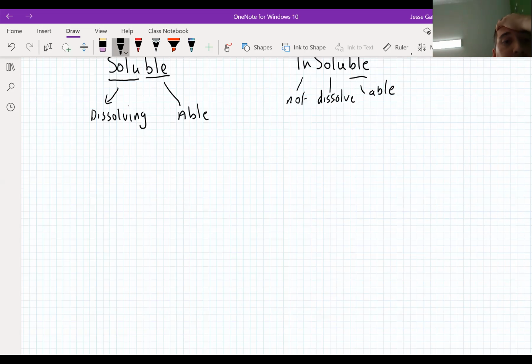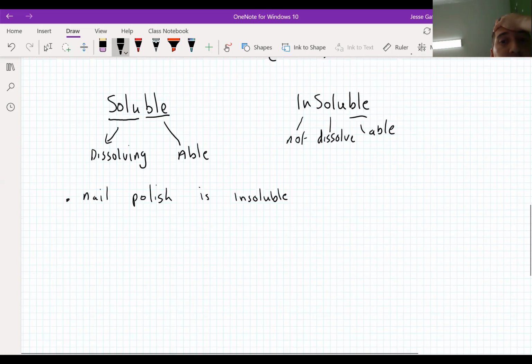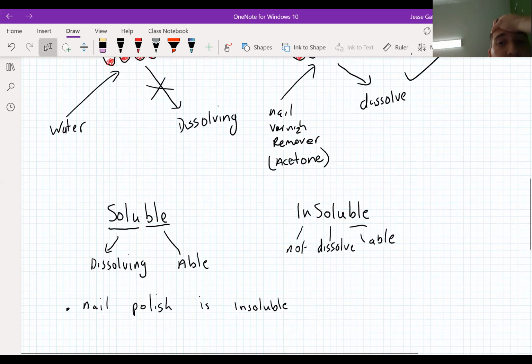So if we were to write some sentences using these words now, we would say nail polish is insoluble. Now I can't just leave it insoluble because we know it does dissolve when we get the right solvent. When we get nail varnish remover, it does dissolve. So we have to say what it is insoluble in.